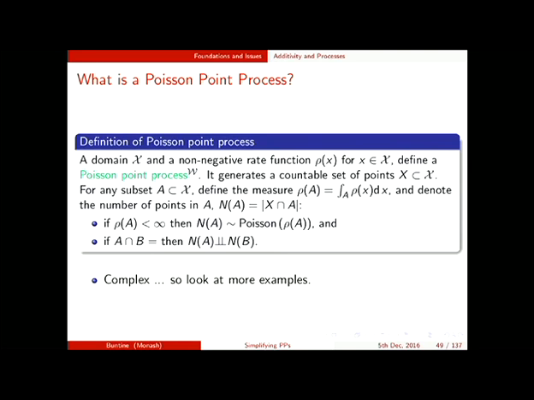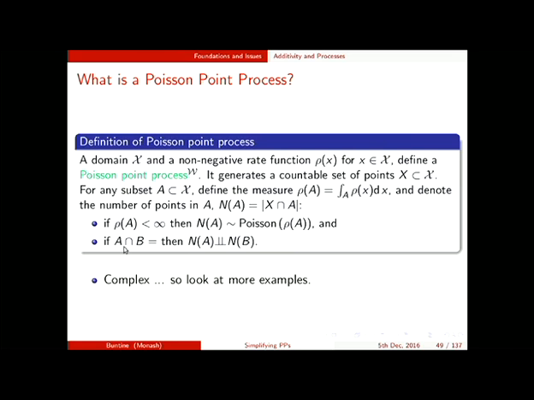Definition of a Poisson point process. This is sort of a simplified version. It generates a countable number of points for any subset of the space. We take the integral over it. Then the number of points in that subspace will be distributed as Poisson.